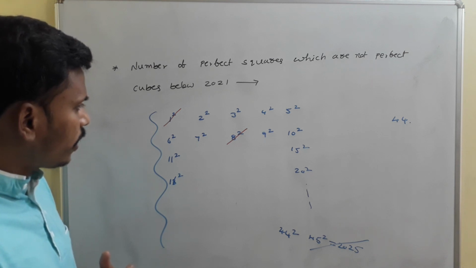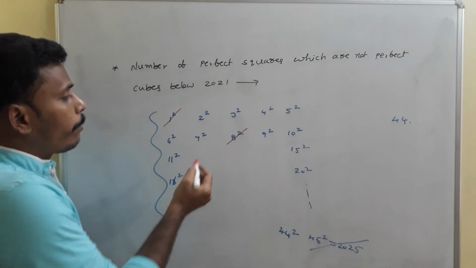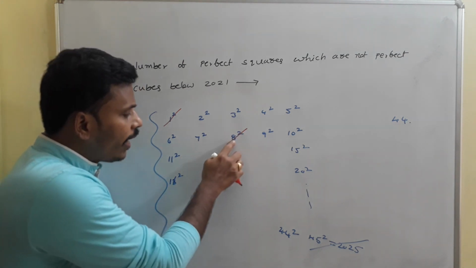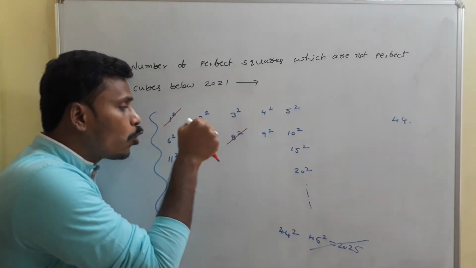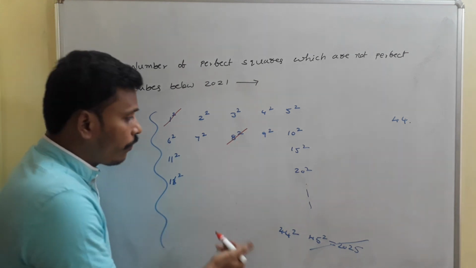Another perfect square, what is that? See, if you think about these perfect squares, this 8 is a perfect cube actually, this 1 is a perfect cube actually. Whose base is a perfect cube, that number will become a perfect cube.